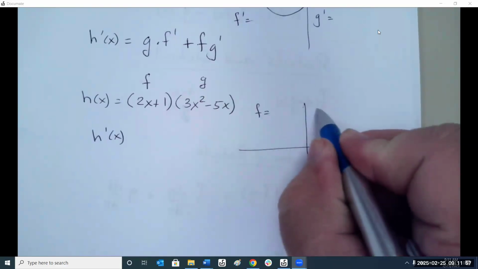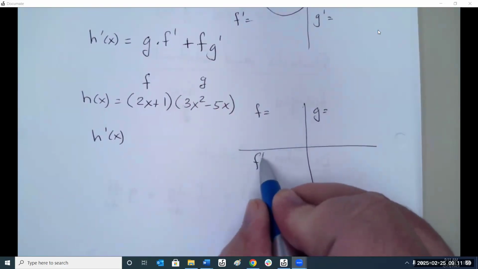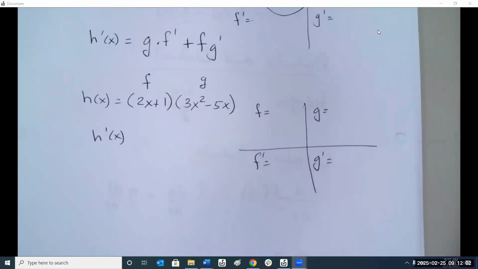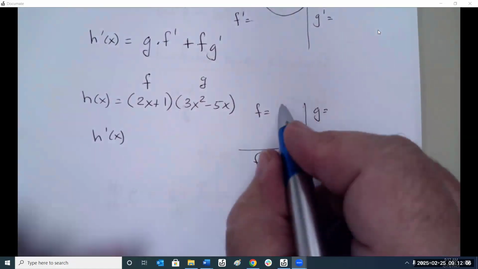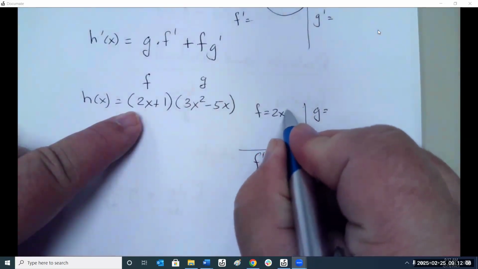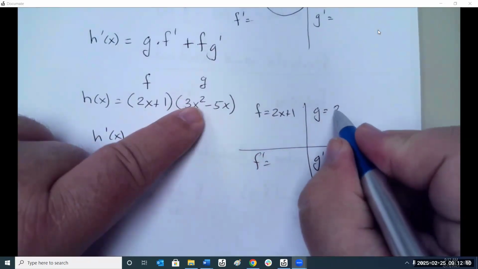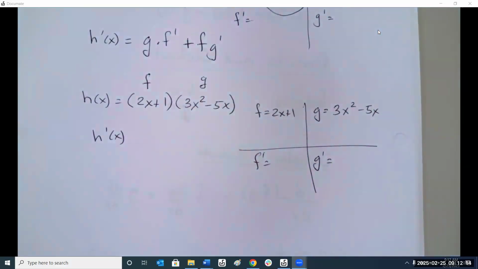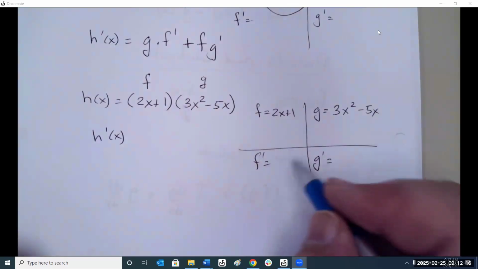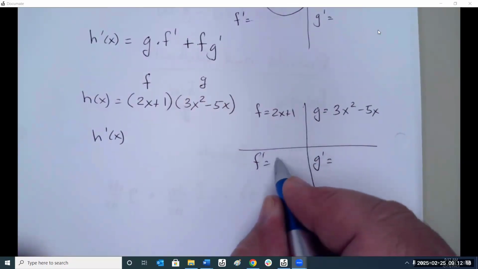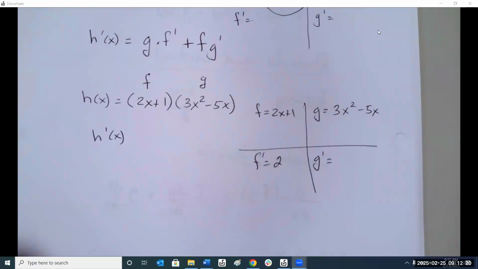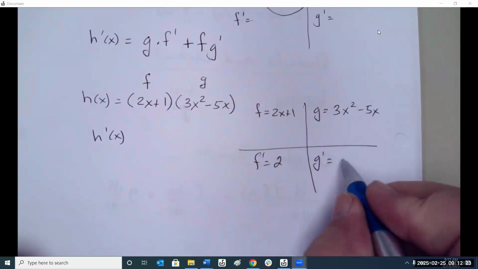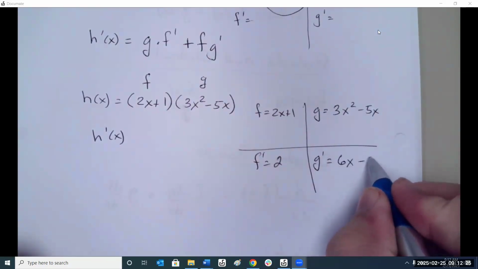So we have f and g, f prime, g prime. F is 2x plus 1, and g is 3x squared minus 5x. The derivative of 2x plus 1 is 2. The derivative of g is 6x minus 5.